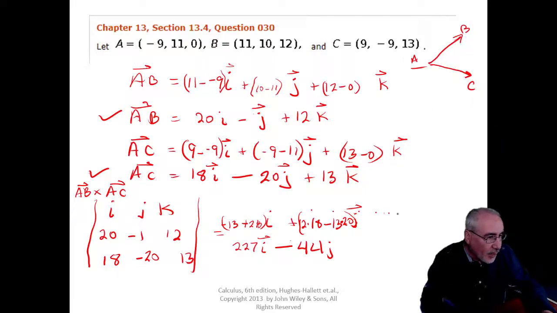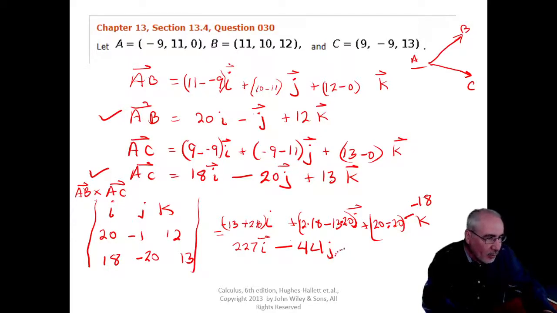So then let's do our K, right? K is going to be I times J, and again, it's 20 times negative 20. And then we subtract negative 1 times 18, so subtract negative 18.